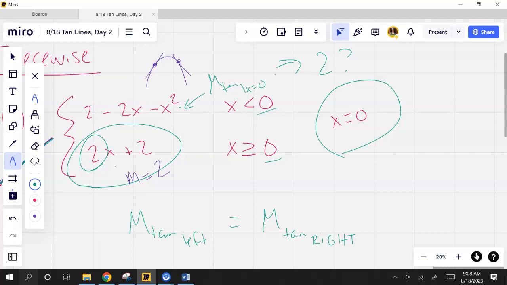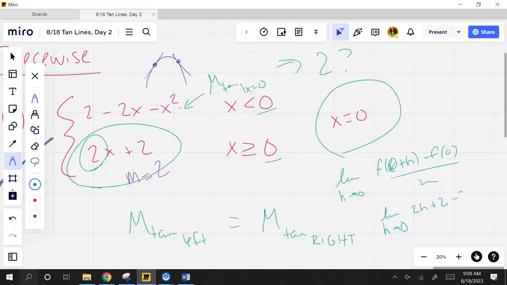Are you doing it at 0? You let your x be 0. The limit as h approaches 0 of f of 0 plus h minus f of 0 over h. You did the 2x plus 2. Well, f of 0 plus h is going to be 2h plus 2.